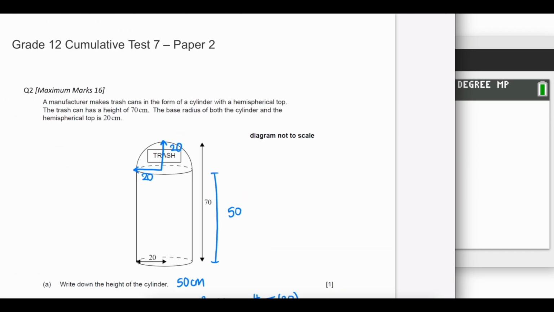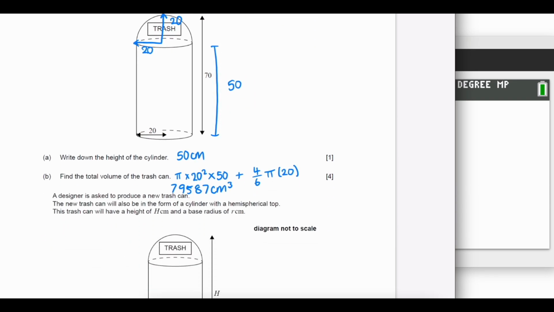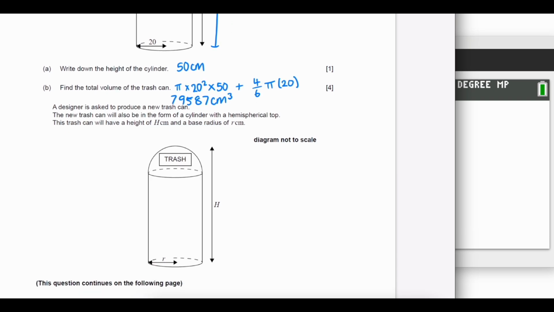What I did last time was take the full height of the bin and subtract the radius, and that gave me the height of the cylinder. I'm going to do exactly the same here: take the full height of the bin, which is capital H, and subtract the radius, which is this part here, and that gives me the new height of the cylinder, which they say is called h.